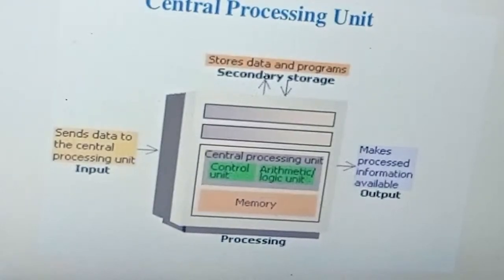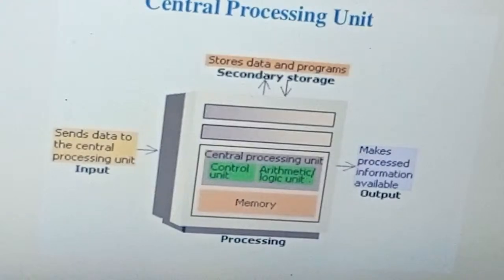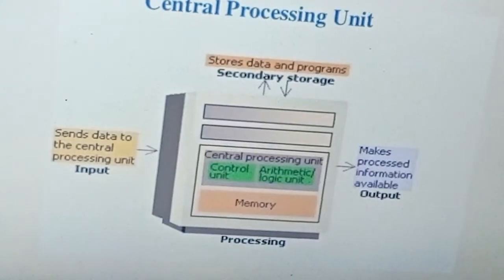The central processing unit works in four steps. First, it fetches the instructions from memory. The second step decodes that instruction and directs the necessary data to be moved from memory to the arithmetic logic unit.